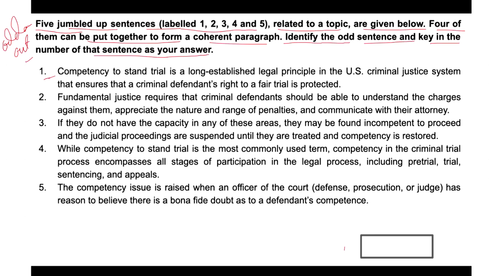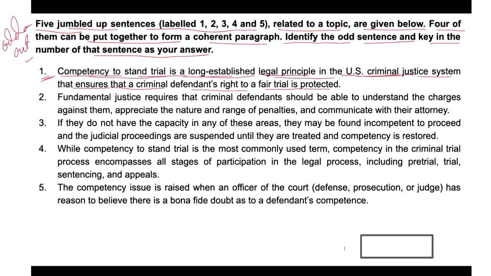To identify the odd sentence out, we need to review each sentence in the context of the topic, competence to stand trial. Look at the first sentence. The first sentence stated, competency to stand trial is a long established legal principle in the US criminal justice system that makes sure that a criminal defendant's right to a fair trial is protected, isn't it?